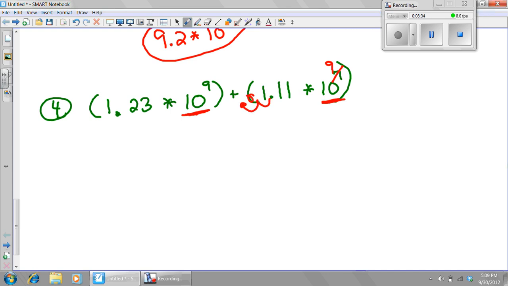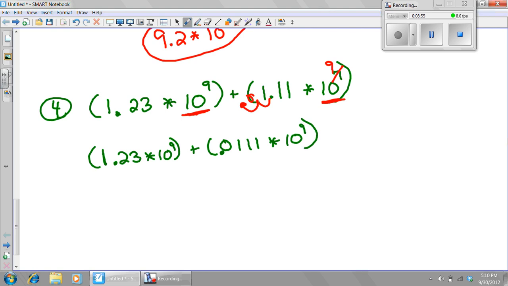So my new problem becomes 1.23 times 10 to the 9th plus 0.0111 times 10 to the 9th. And now my exponents match, my 10 to the 9ths match.